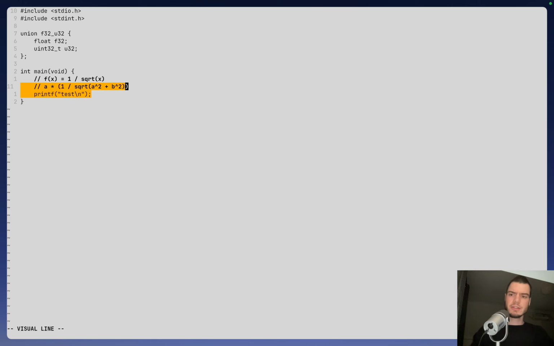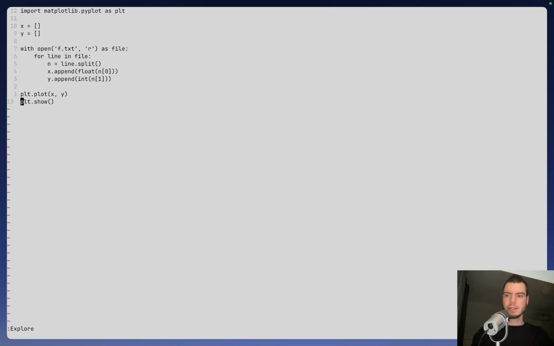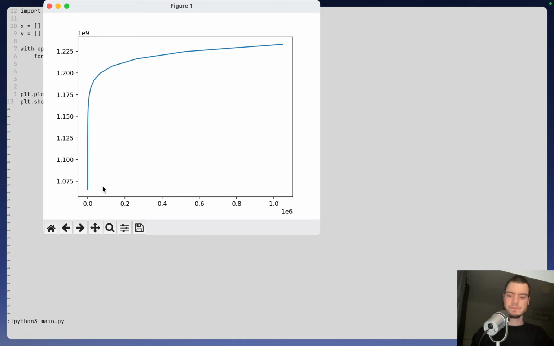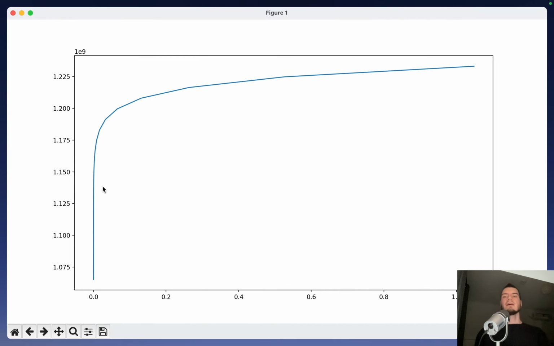For that, I think we should look at our graph from earlier again. Let's go into main.py and let's create this again. We saw last time that this looks very much like a logarithmic function.